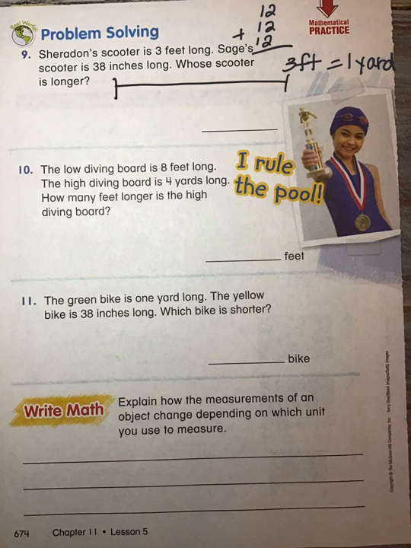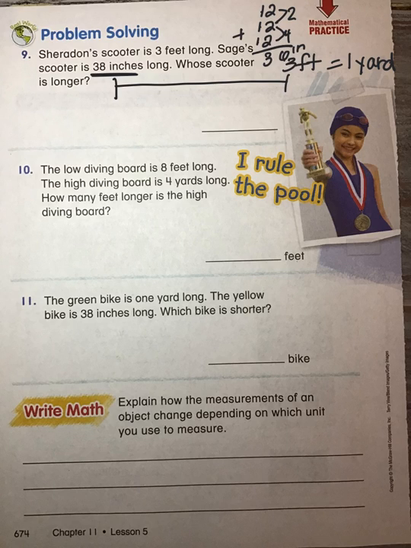So let's add 2 plus 2, that's 4, plus 2, 4 plus 2 is 6. Now I can add my tens, 10, 20, 30. 36 inches in 3 feet.